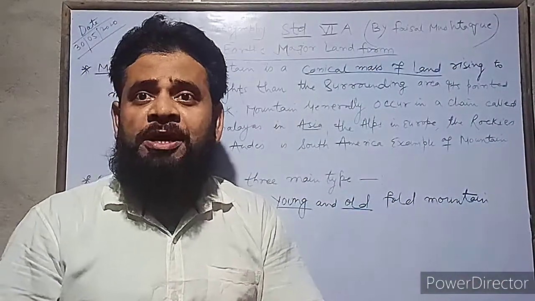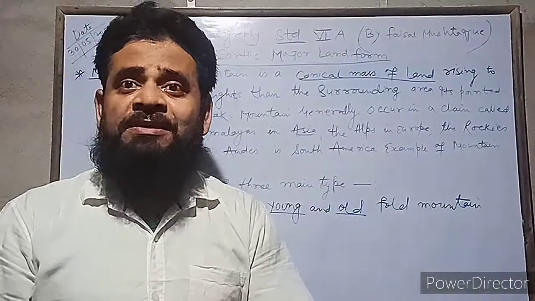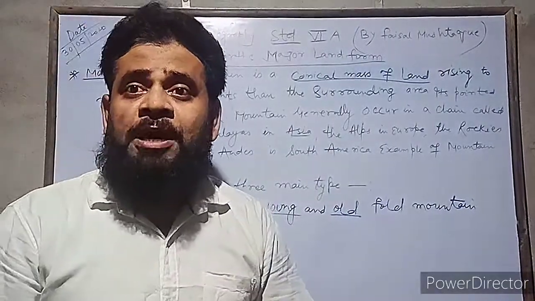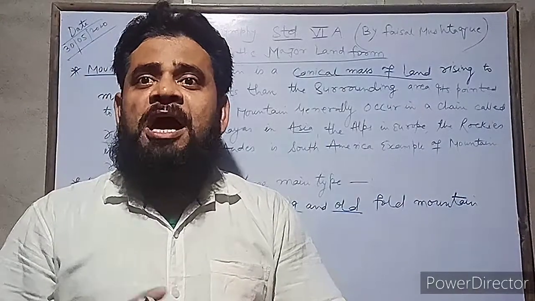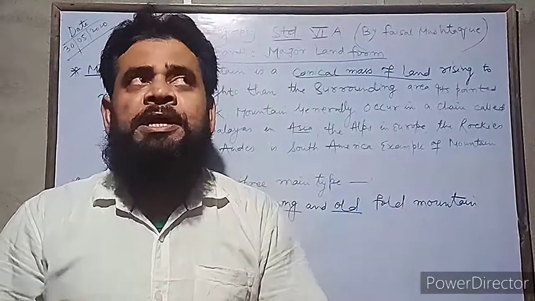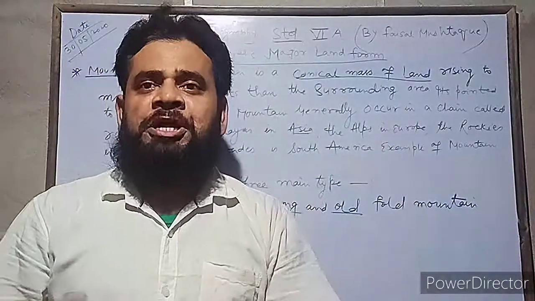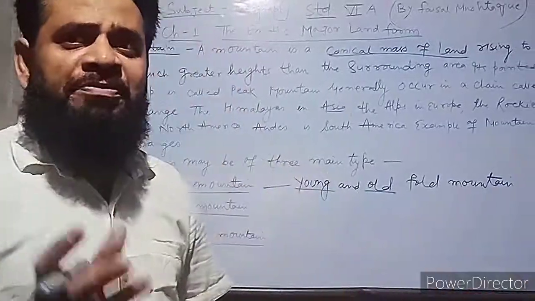Young fold mountains also have ridges, volcanoes, valleys, etc. They are generally located on the margins of continents. They are present mostly in the northern and western directions. I am telling about the young fold mountains.